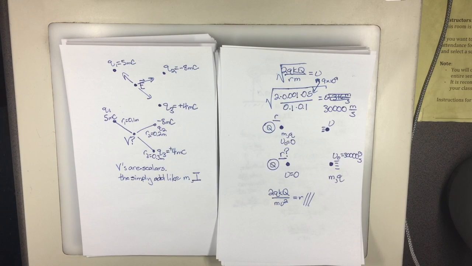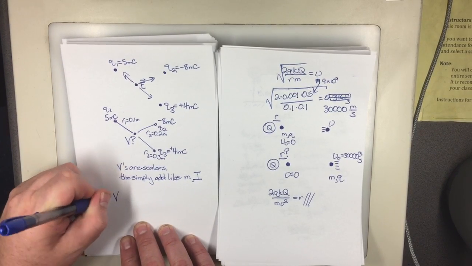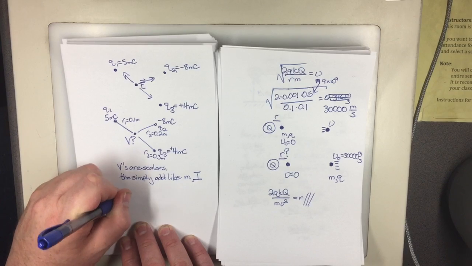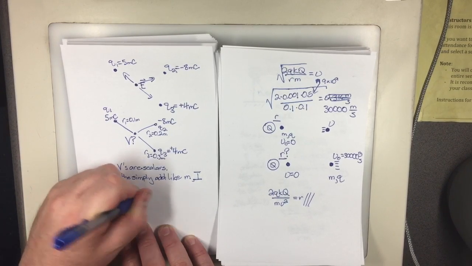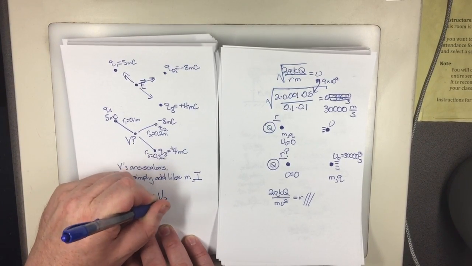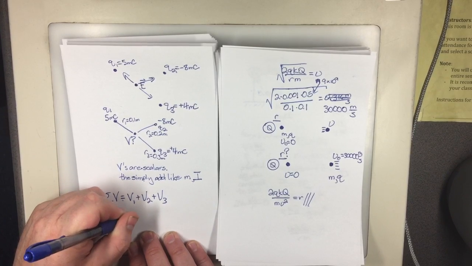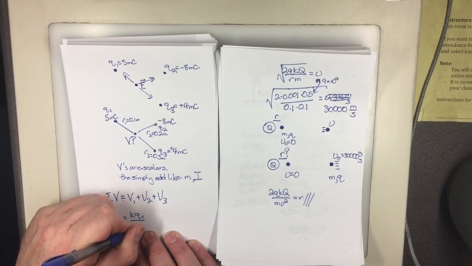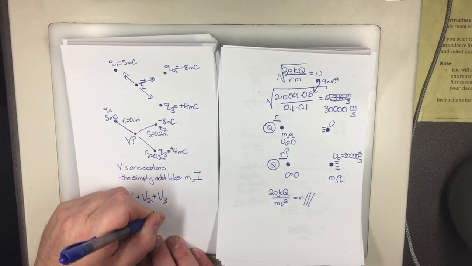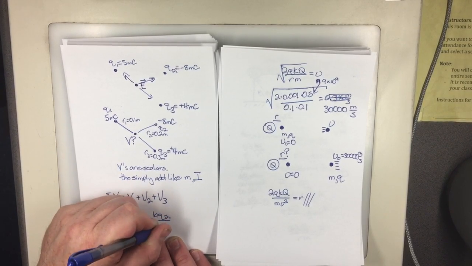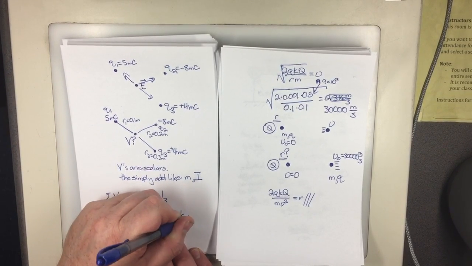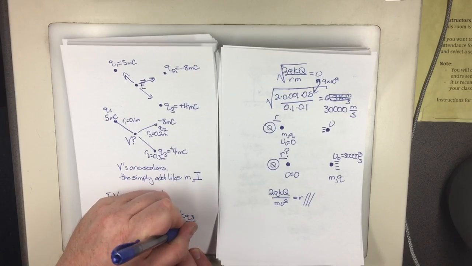You're not going to have to do any vector stuff with it. You just add the 2 together, boom. So the total V is just V1 plus V2 plus V3, or KQ1 over R1 plus KQ2 over R2 plus KQ3 over R3.